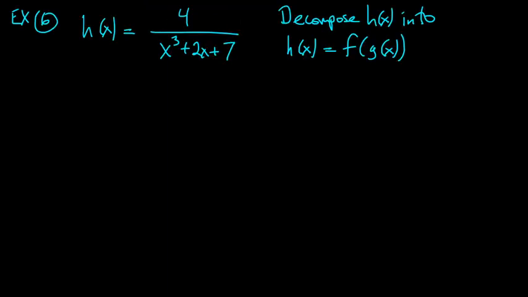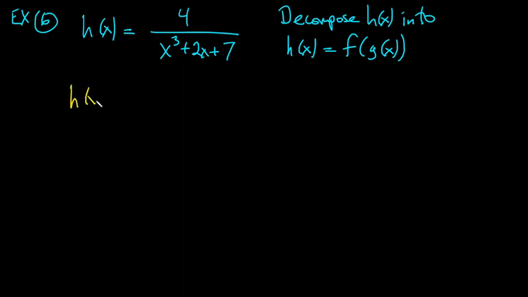So now let's see if we can go the other way. We have h of x is 4 over x cubed plus 2x plus 7. And now we want to take this somewhat complicated function and decompose it into two simpler functions, f and g. There's probably more than one way to do it, but I would think of this as simple as possible.